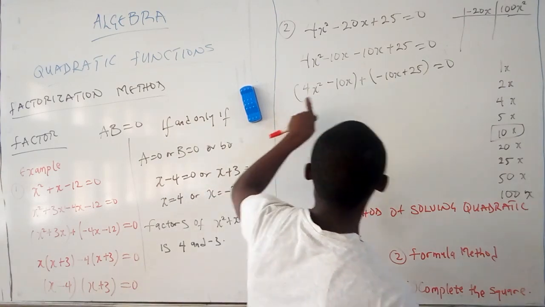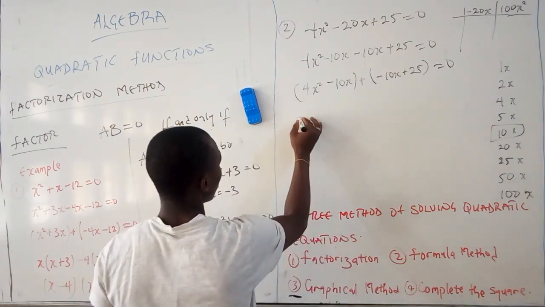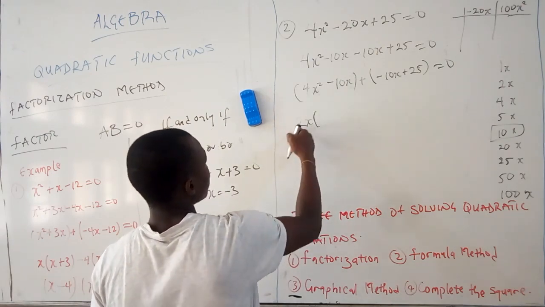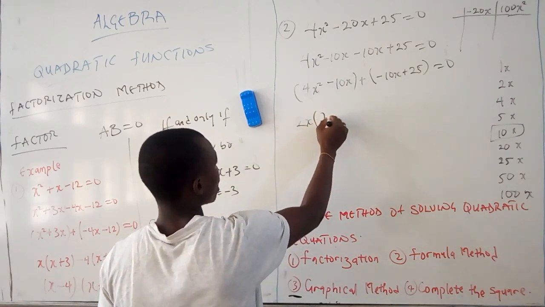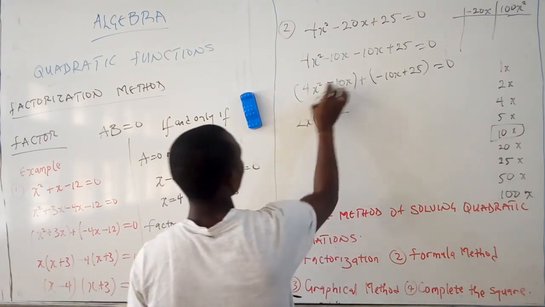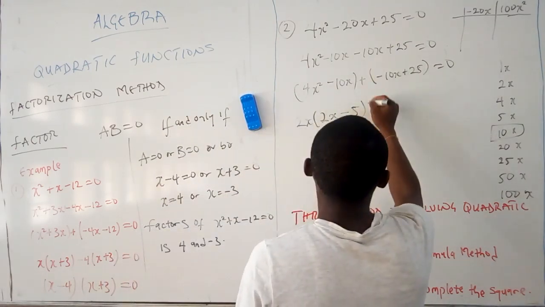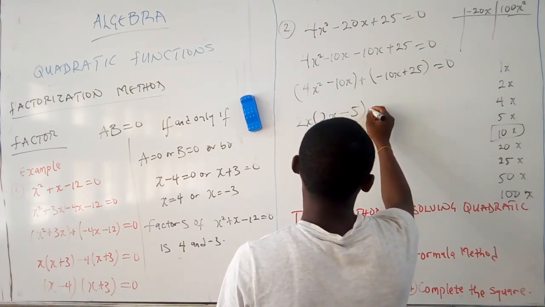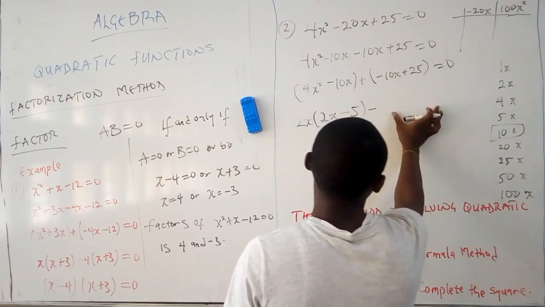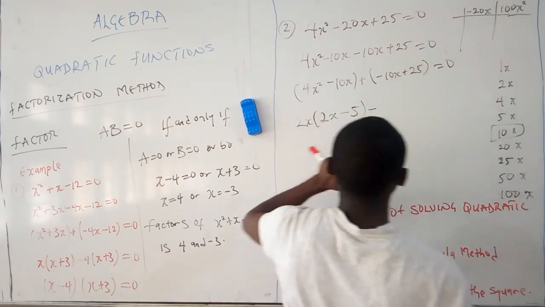So from here, what is common? Definitely x is common, and 2 is common. So you have 2x. What is left here is, if you divide 4 by 2 is 2, x squared by x is x, then minus 10 divided by 2 is 5. Then you have minus, because definitely what is here must appear in the bracket here. So here what is common? 5 is common.